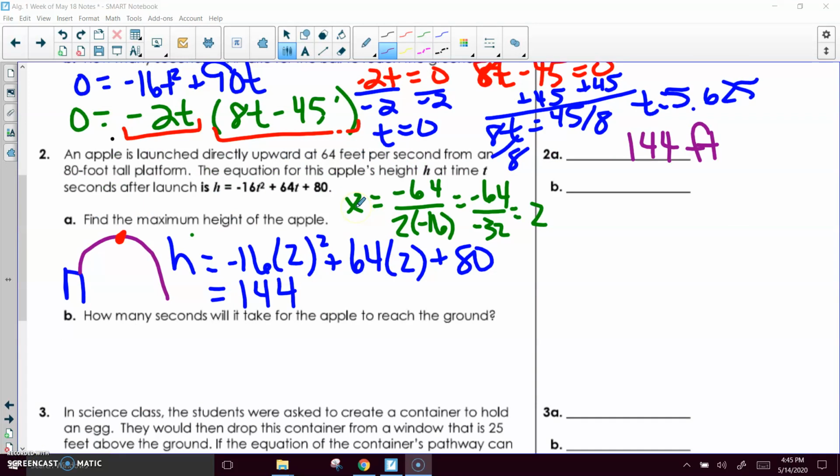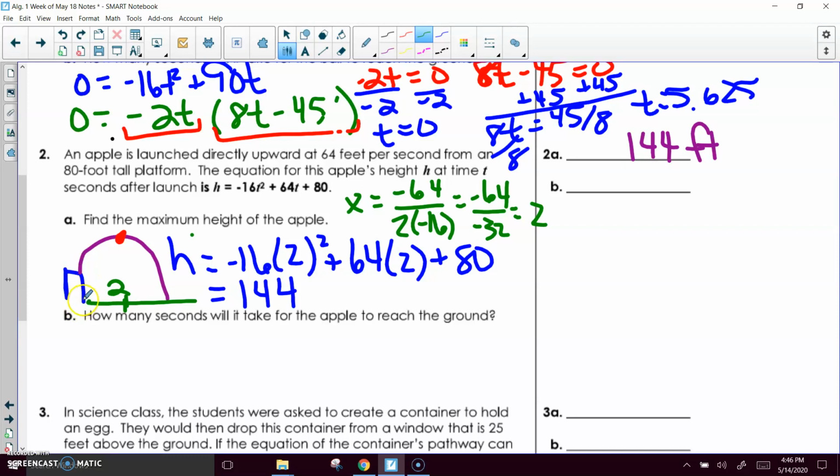When we found the x value of our vertex, we took negative 64 divided by 2 times negative 16, which is negative 32. Negative 64 divided by negative 32 is positive 2. We think of this as my x-axis, 2 seconds is where I reach the maximum height.